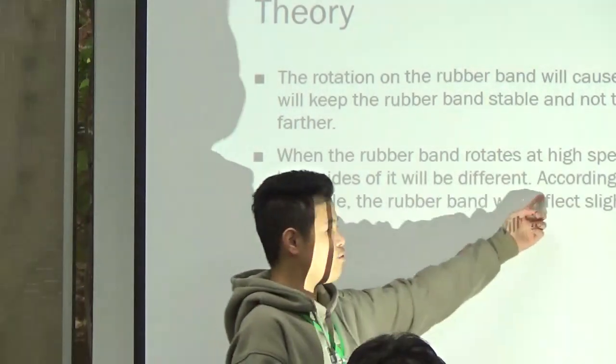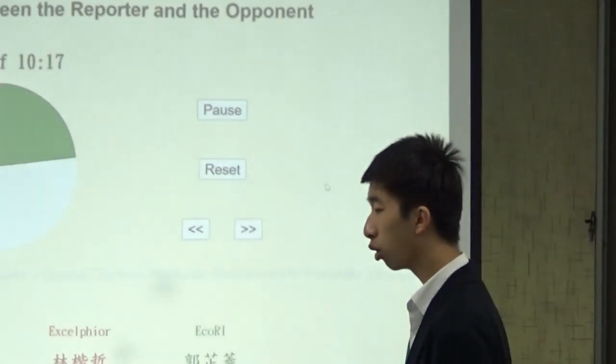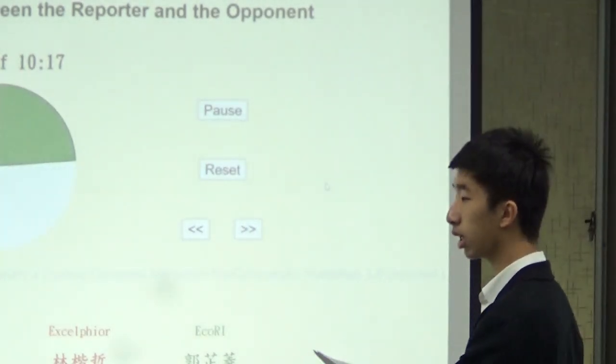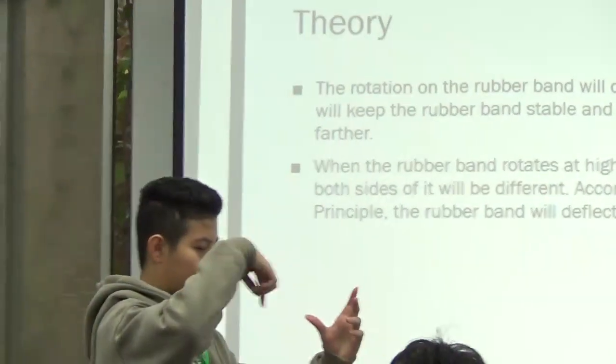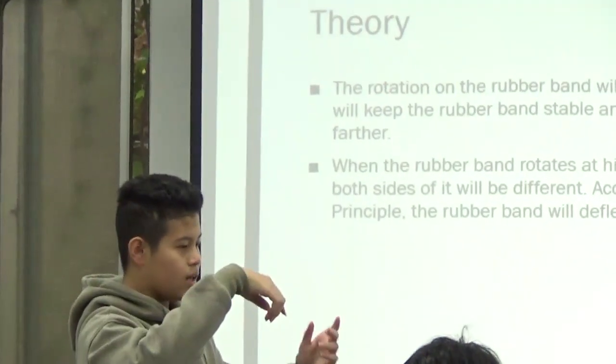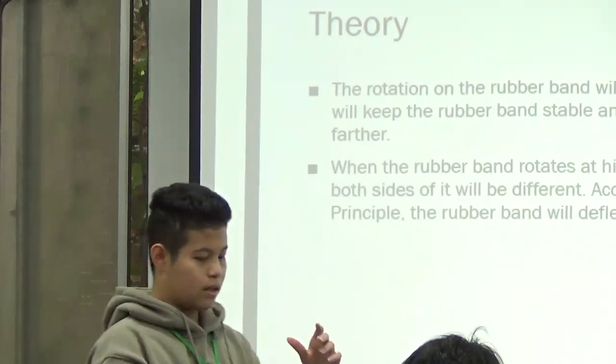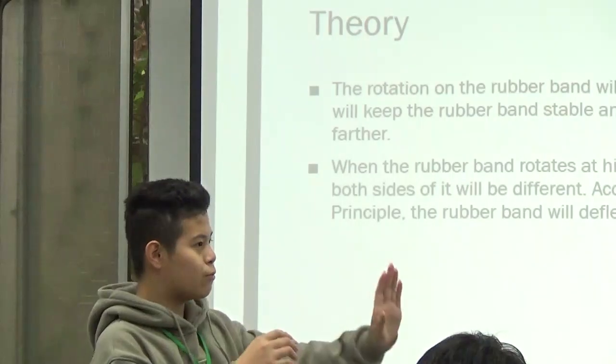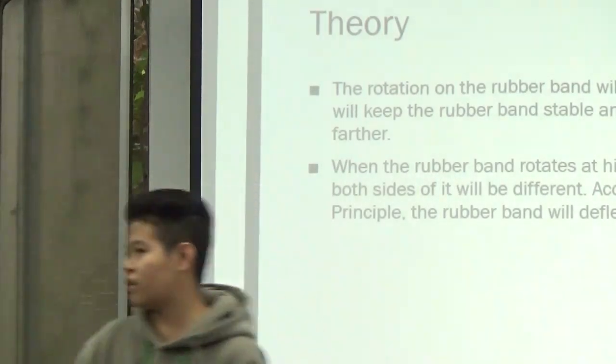I mean, did you know why the rubber band shifts to the right side or the left side? Because if it is rotating, we just use the projector. Okay.